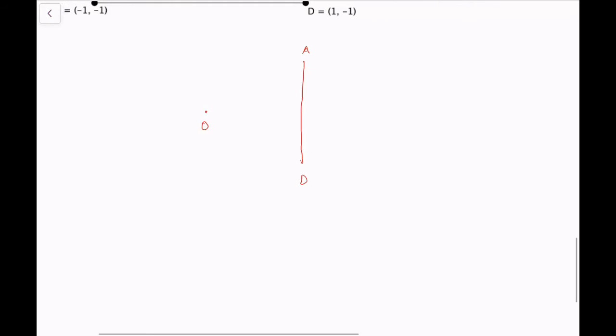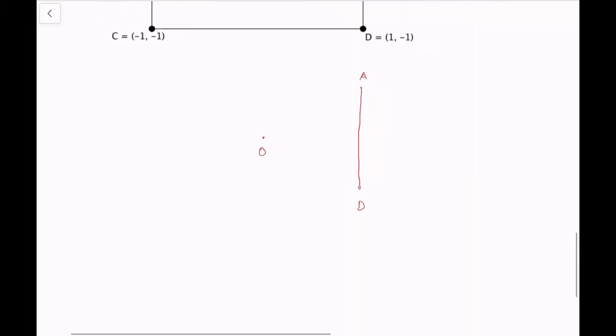So we want all the points which are closer to O than to AD. Now, of course, we have to think about the other three sides as well eventually. But for the time being, let's figure out those points which are closer to O than to AD.